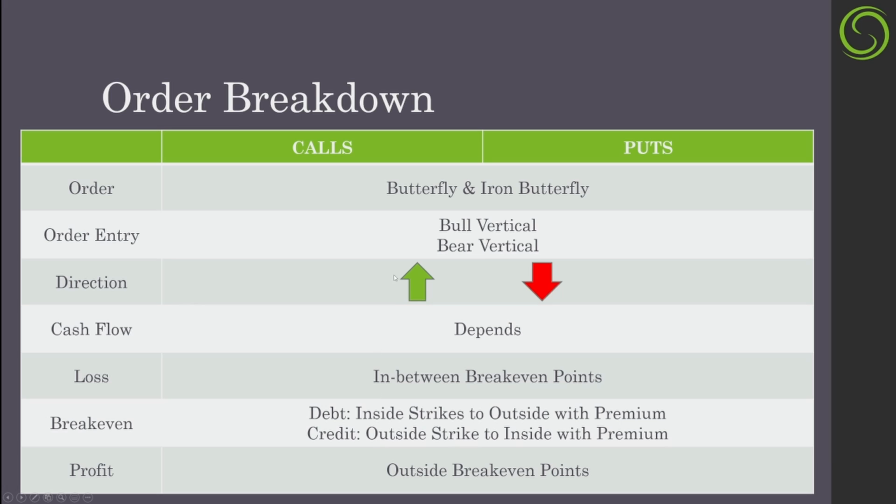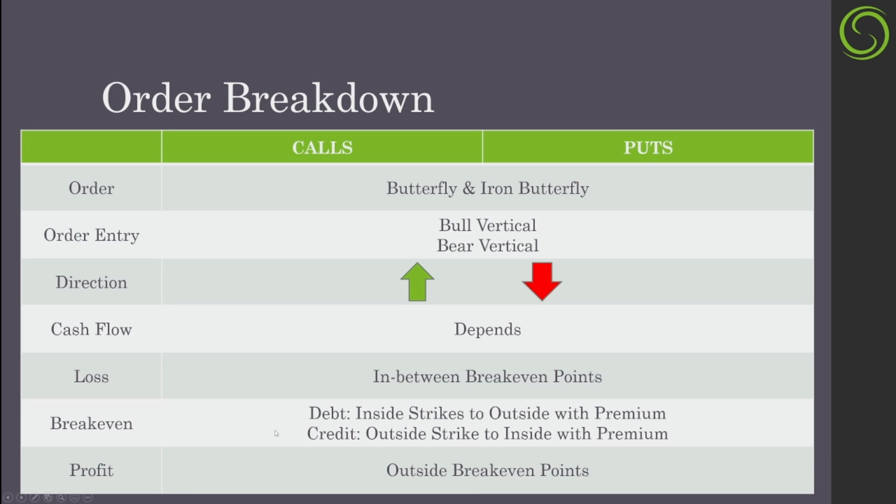Now for the butterfly, when we want a directional play, when we want the stock to go up or down, we will reverse the roles of the bull and bear verticals. So the bull vertical will be on top and the bear vertical will be on bottom. The cash flow again will depend on which verticals we choose to use in setting up the trade. And the loss is going to be in between the break-even points this time.